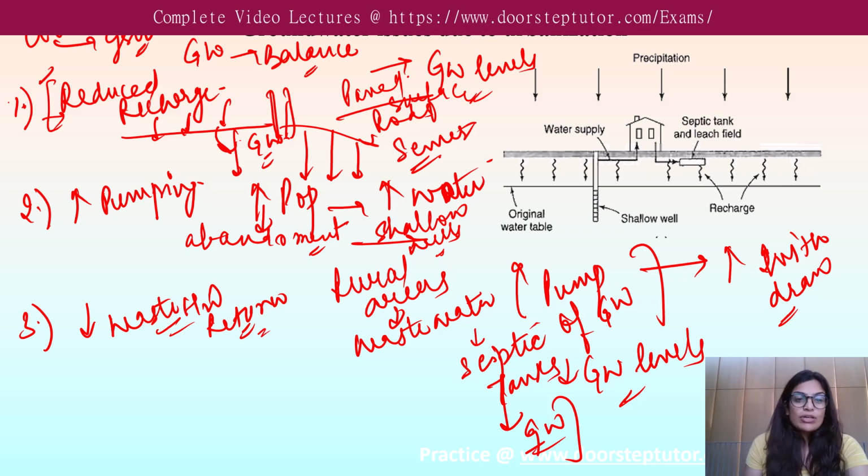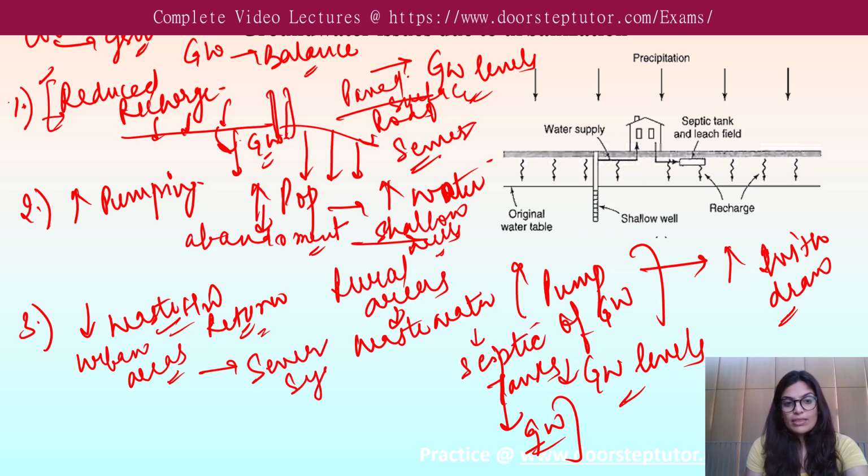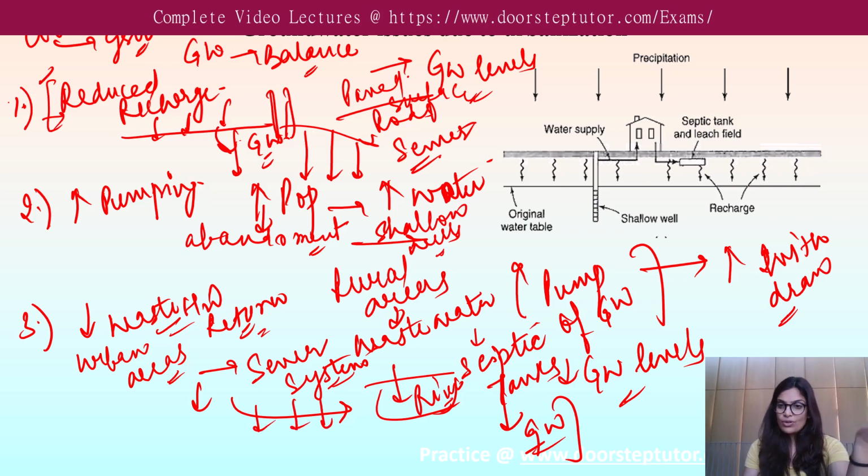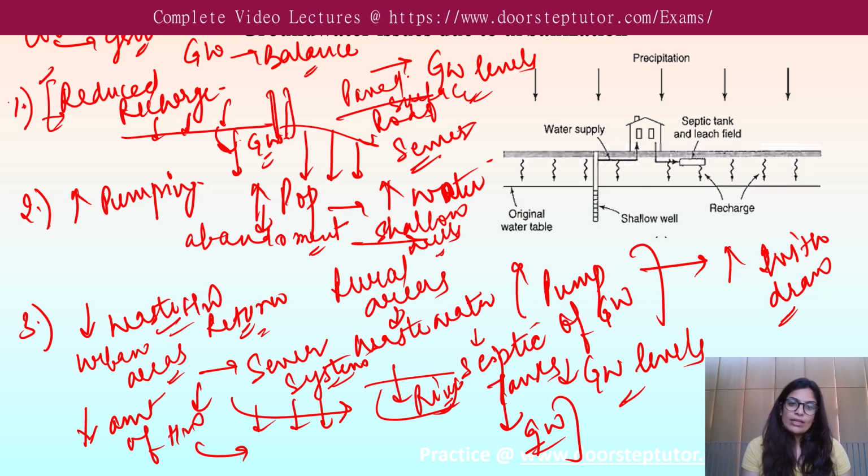But if I am talking about the urban areas which have sewer systems, this wastewater is actually collected and then discharged into the nearby water body, be it a river or something, instead of returning back to the groundwater. So this export of wastewater is reducing the amount of water which is available to recharge the groundwater.